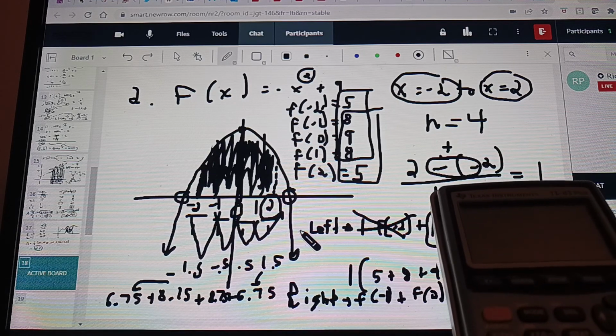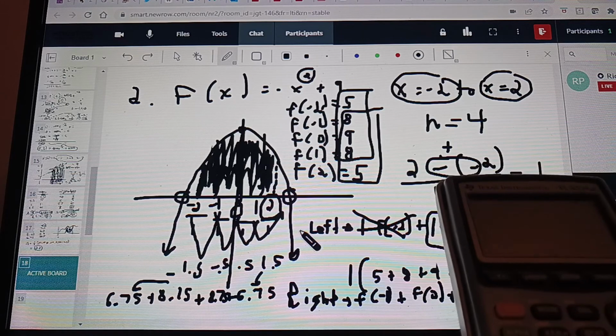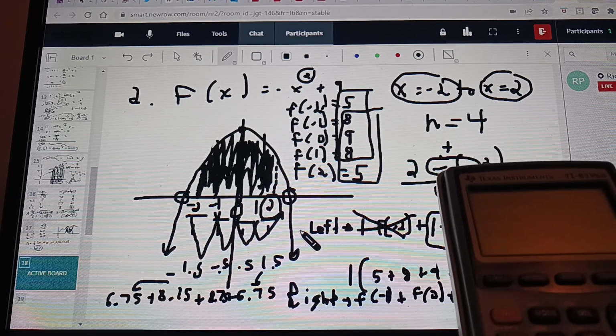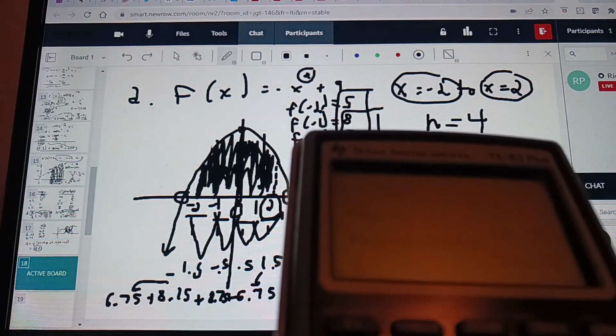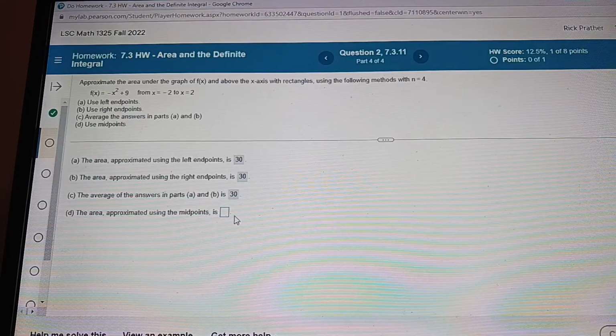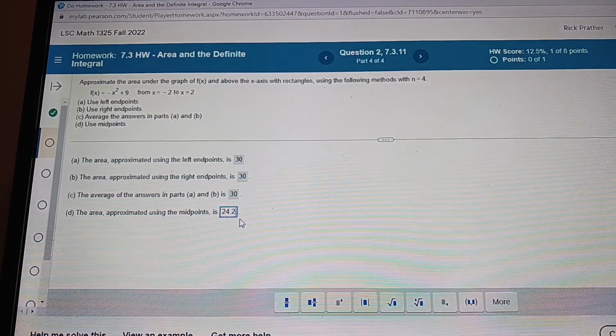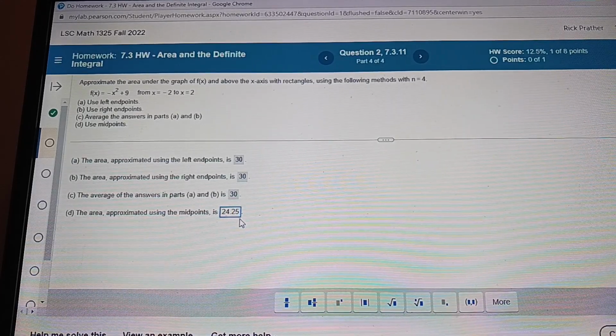So 8.75 times 2 plus 6.75 times 2 is only 24.25. So it's not the same as those other answers of 30. And this may be a better approximation of the actual answer.